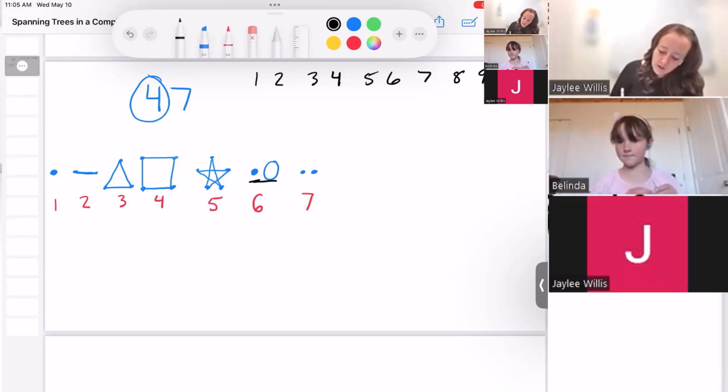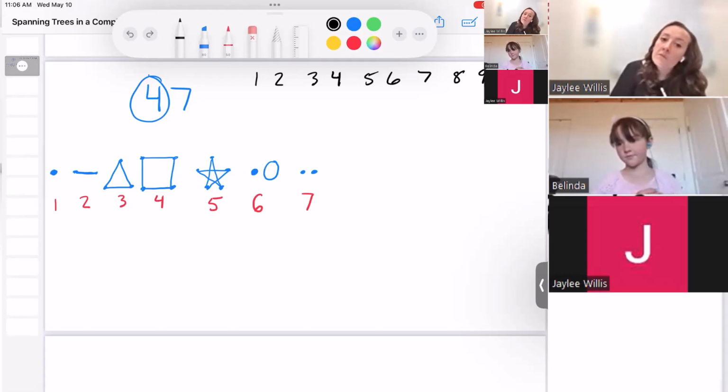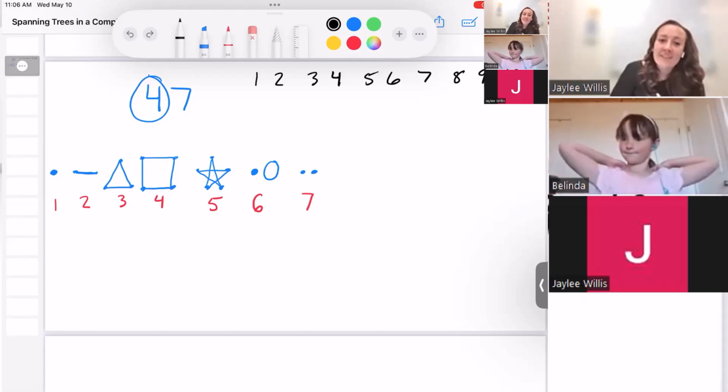So this could be dotty, and then this could be dotty dot. That could be dotty circle. But when we say 20, we don't say 20, 0. We just say 20. And so it would be faster to say it if we just called it dotty.